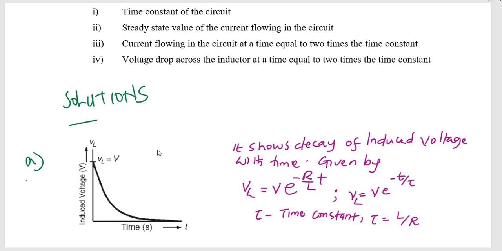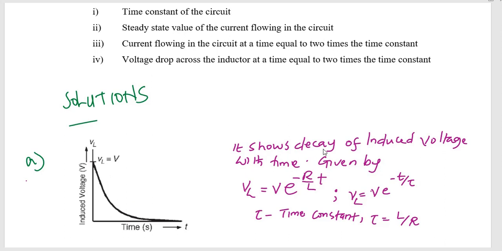So A, let us look at the induced voltage in the inductor. When we draw values of inductor voltage against time, we get a curve that looks like this, an exponential curve that shows voltage decay with time.